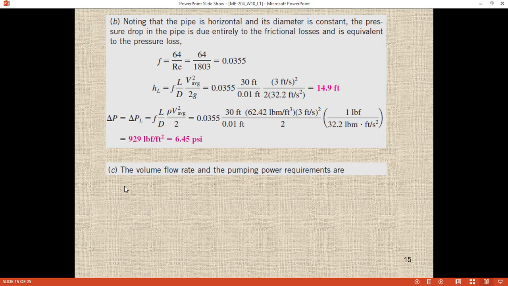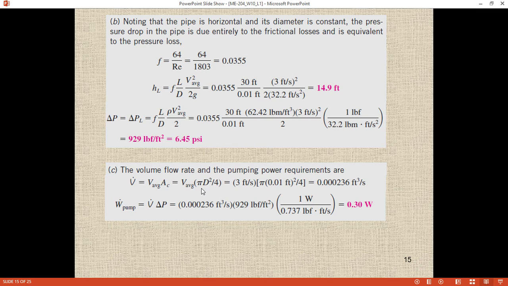For the pumping power, we first calculate the volume flow rate: Q equals V times A, the area of cross section times the average velocity that we have calculated. If we multiply the pressure drop by the volume flow rate, we get watts.